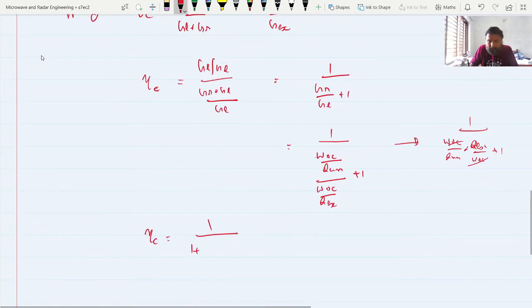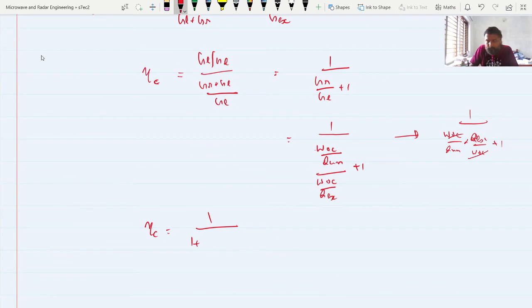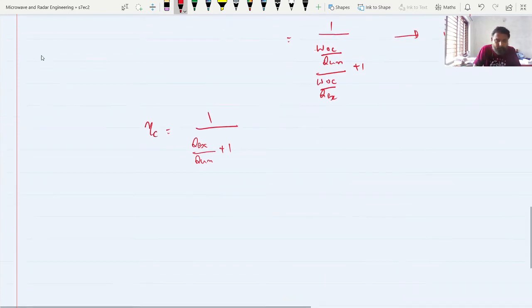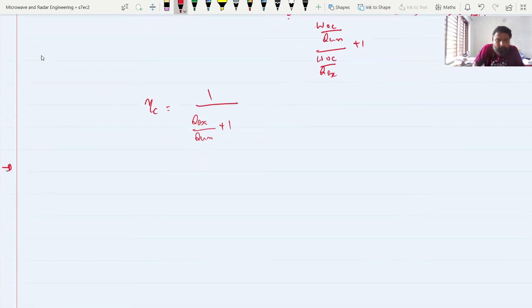So ultimately I can write this as 1 plus Q external divided by Q unloaded. Okay. So maximum efficiency you will get only when the magnetron is heavily loaded. Okay, right then.